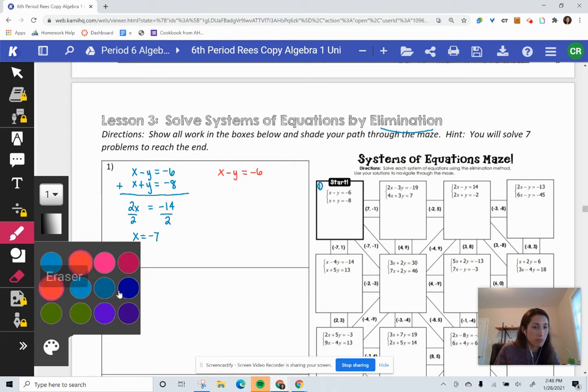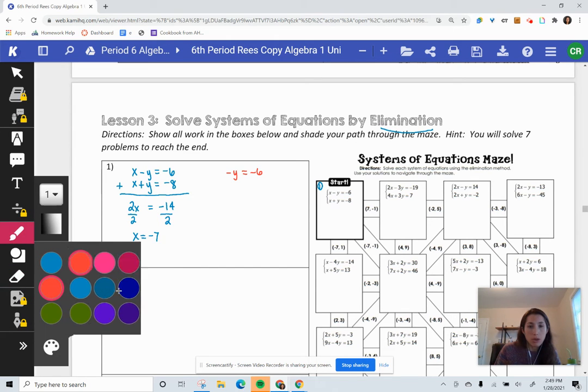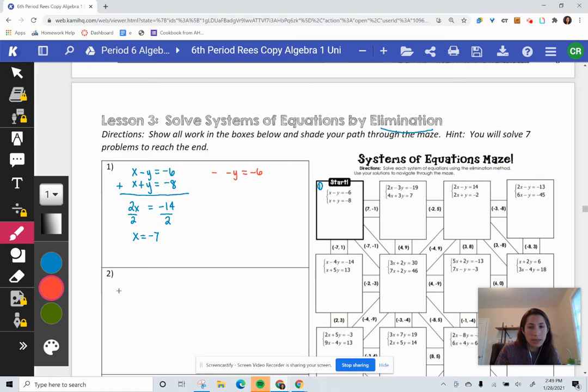Remember, instead of x, we replace x with our value of negative 7, so negative 7 minus y equals negative 6. Then we can add 7 to both sides. That's going to give us negative y equals negative 6 plus 7, which is 1.